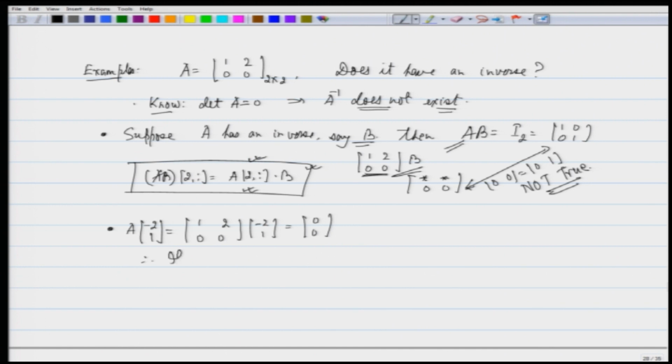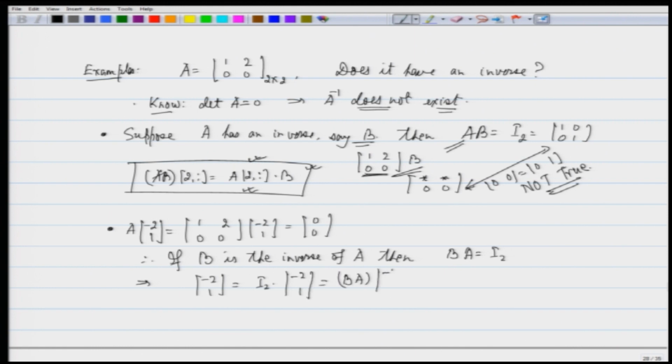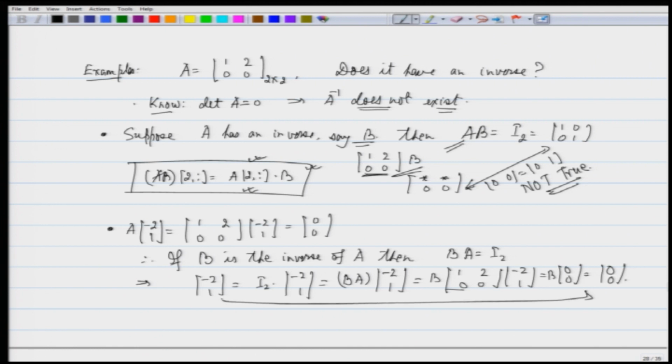Therefore, if B is the inverse of A, then B times A should be identity I2, and this will imply that minus 2 comma 1 is the same as I2 times minus 2 comma 1, which is B A times minus 2 comma 1, which is B times A times minus 2 comma 1, which is B times 0 0, which is 0 0. Fine. So, this gives me a contradiction.